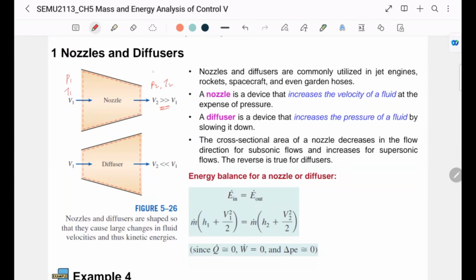When velocity increases, pressure will drop. So sometimes when engineers need to speed up the flow, we'll use a nozzle. We change the area. This is A1. This is A2. So area will be different as well. By changing the area, we can manipulate the velocity and the pressure.